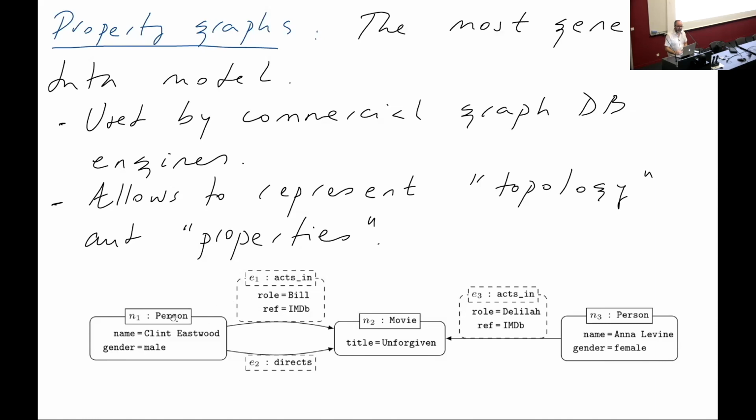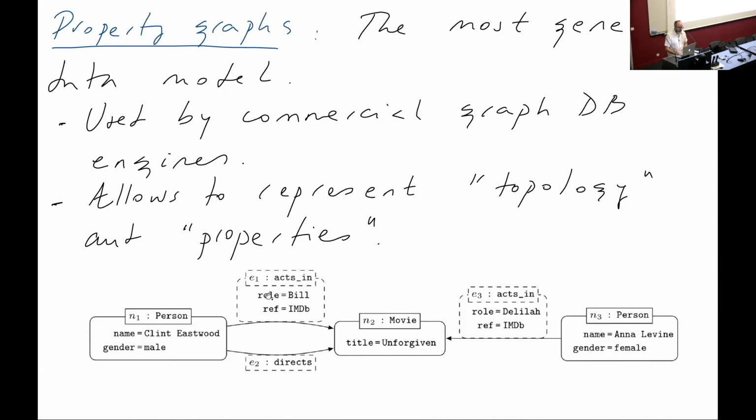So we're saying a node is a person here. This node is a movie. This edge is of the type acts in. And then each one of these nodes and edges can have zero or more property value pairs.